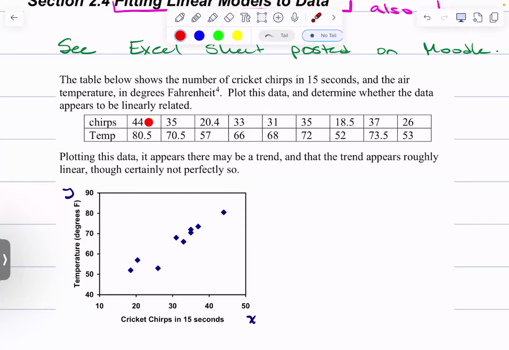So we get 44 chirps when the temperature was recorded to be 80.5 degrees Fahrenheit. I saw this thing where Fahrenheit, it seemed to make sense. You can think of Fahrenheit as a percentage of hotness. And so 80.5% hot is pretty hot.